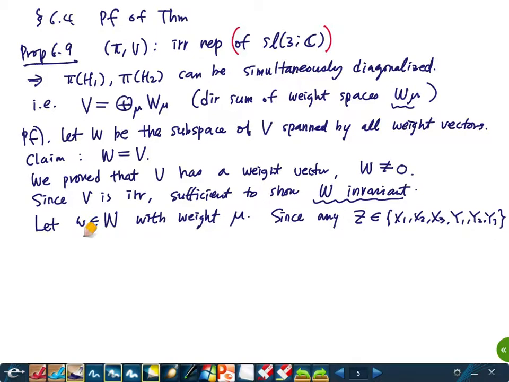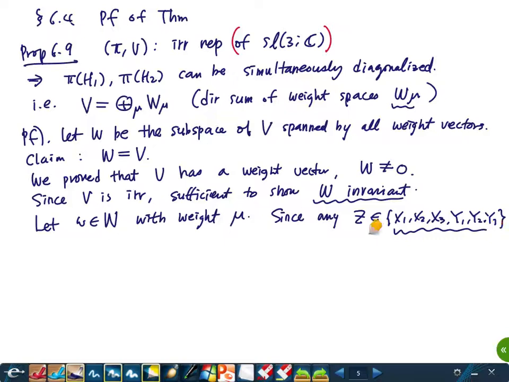That's kind of trivial. What happens if you apply H1 here? It will be just a constant multiple of V or W, right? Because this is a weight vector. If you apply H2, it's just the same up to a scalar. So we only need to worry about the root vectors, because H1, H2 give the same vector up to a scalar.